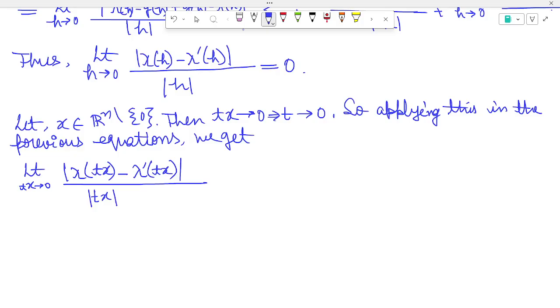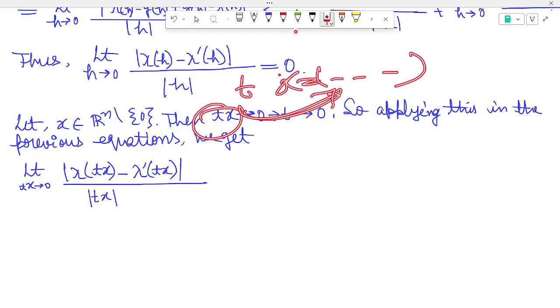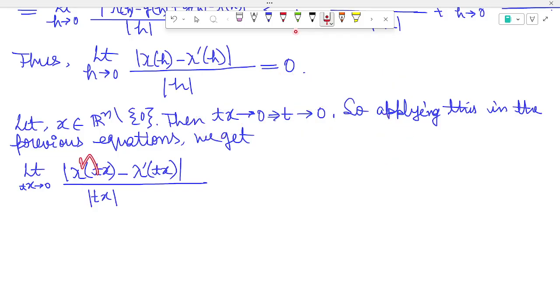We assumed here t as a scalar, and x is a tuple. We are multiplying t with each component of x, so it is t x. So t will come outside.